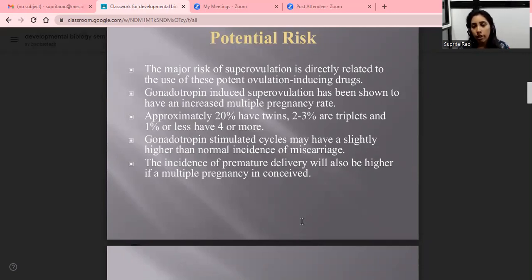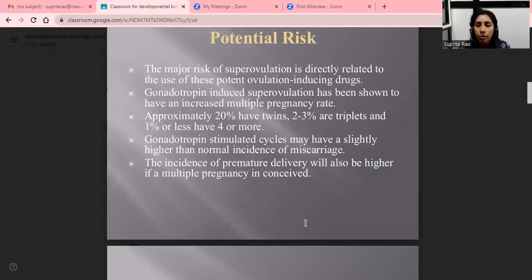We've seen nowadays more triplets and quadruplets taking birth because of more superovulatory fertilization taking place. So that is a potential risk, because it is difficult for the gestating mother to withstand the growth rate of all the embryos. There is competition between the embryos to survive. So it is in all a complex situation.